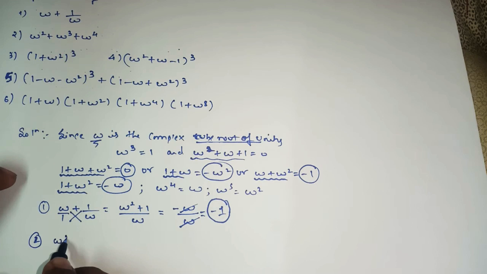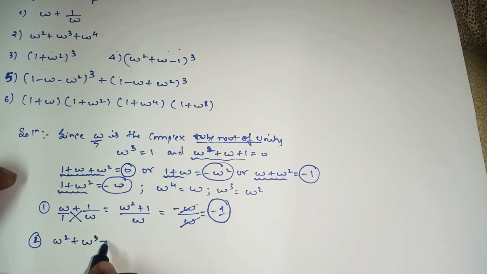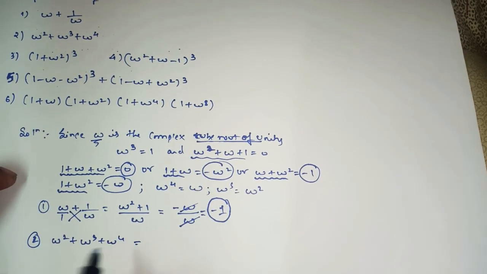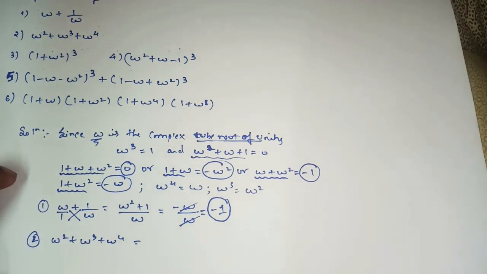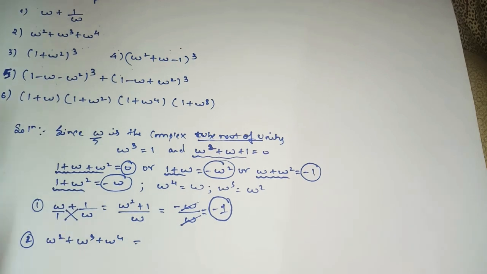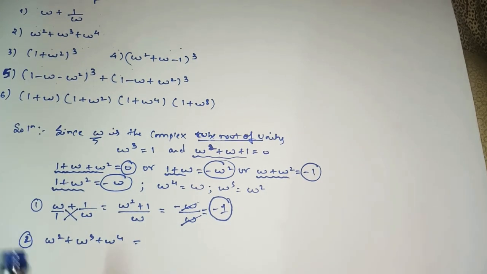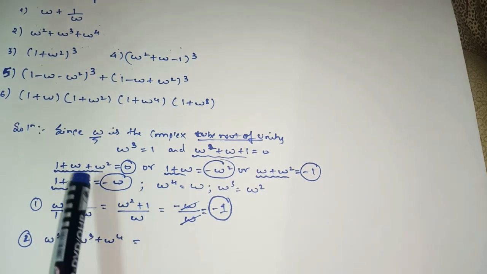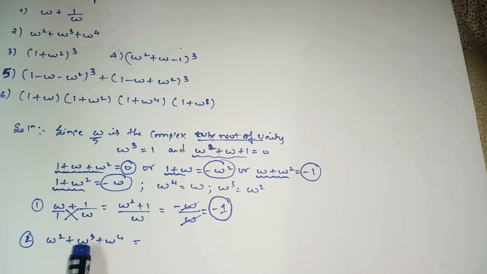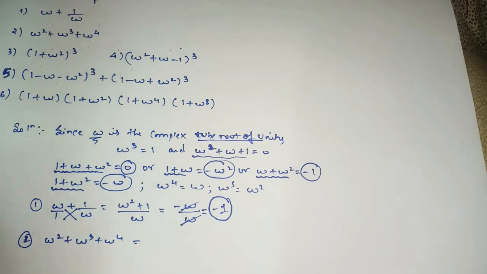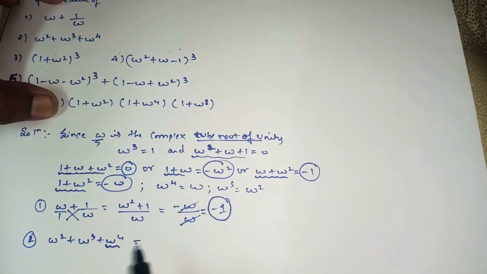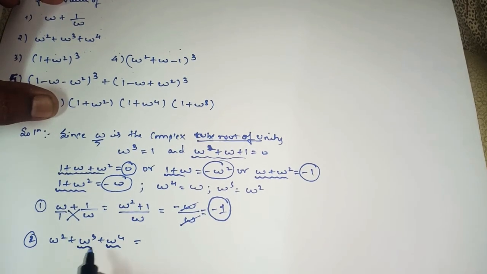w square plus w cube plus w raised to 4. Now we have to find the answer for this part. We don't have a direct formula for w square plus w cube plus w raised to 4. But we know that w raised to 4 is w, and w cube is 1.